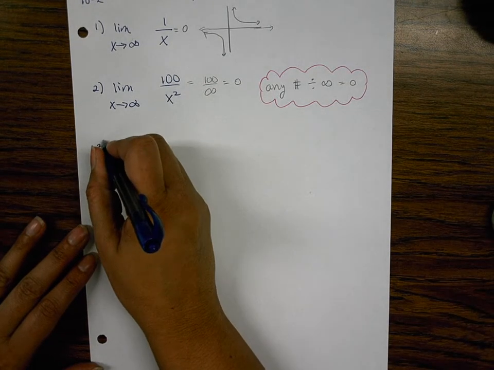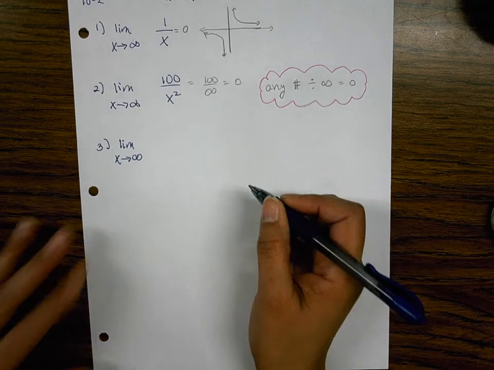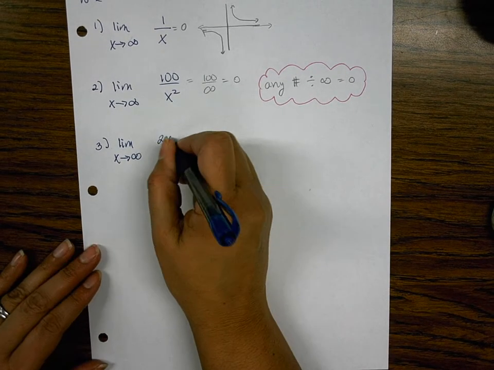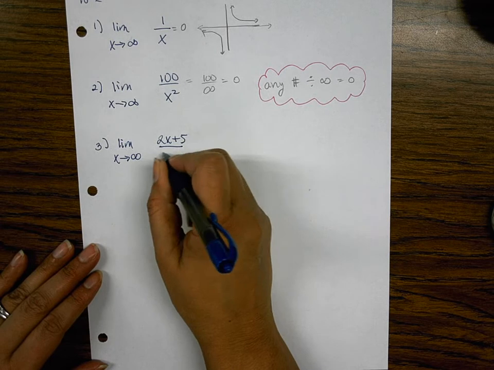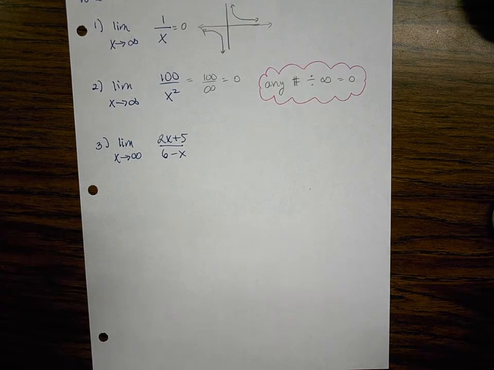Number 3. The limit as x approaches infinity of 2x plus 5 over 6 minus x. Okay, this one's a little different from the other ones.